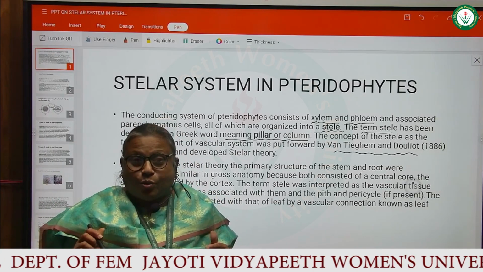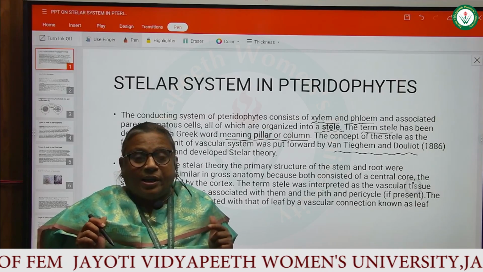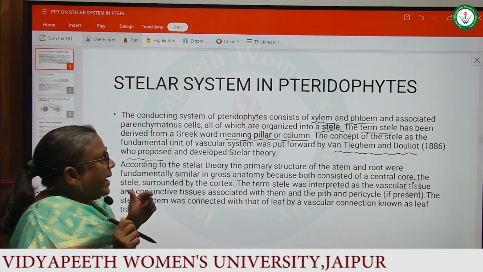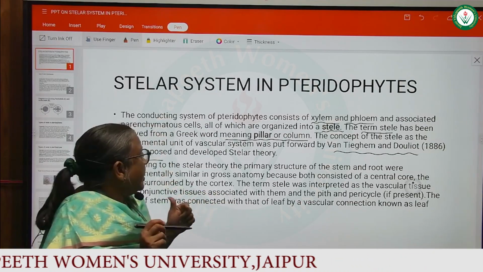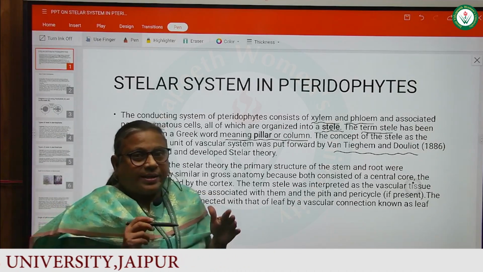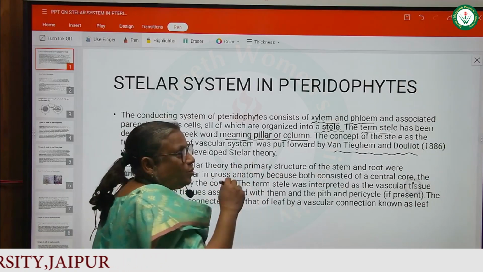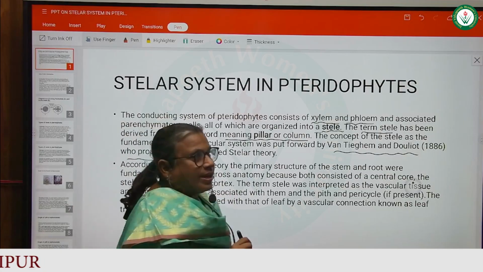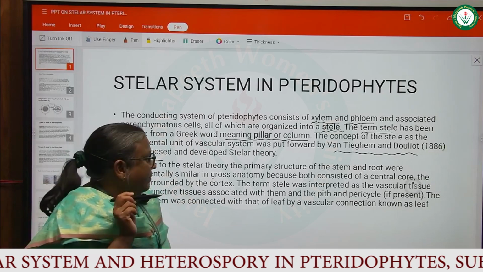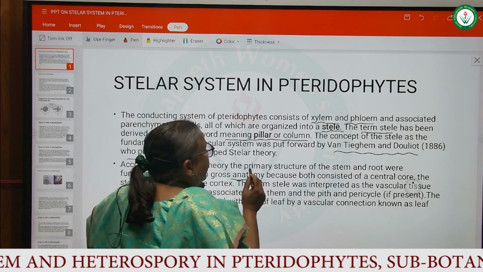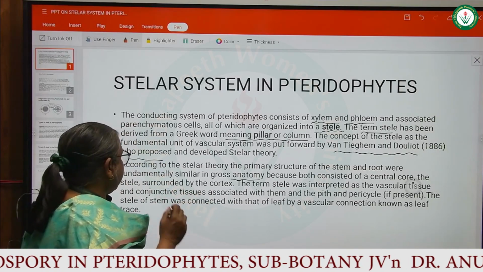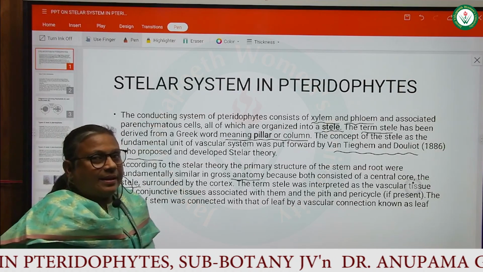So the stelar theory was developed and proposed by Van Tieghem and Douliot, and the stele is the fundamental unit of the vascular system. According to the stelar theory, the primary structure of the stem and root were fundamentally similar in gross anatomy because both consisted of a central core, the stele, surrounded by the cortex.